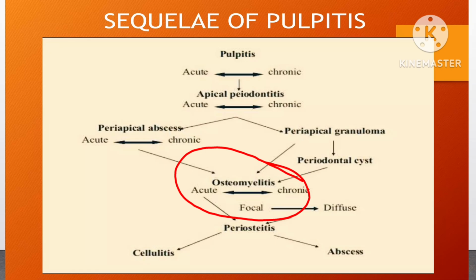On the basis of localization or spread of the infection, a localized infection can be termed focal osteomyelitis, and an infection that spreads more widely in the bone is diffuse osteomyelitis. As osteomyelitis spreads, it causes periostitis, which is inflammation of the periosteum, the tissue covering the bone. This is often associated with bone thickening and pain.